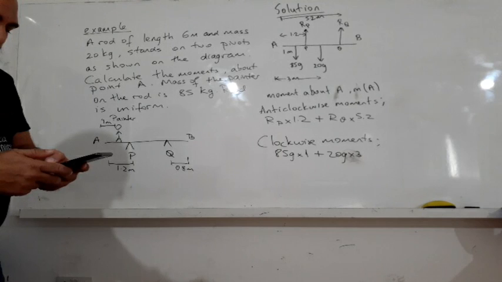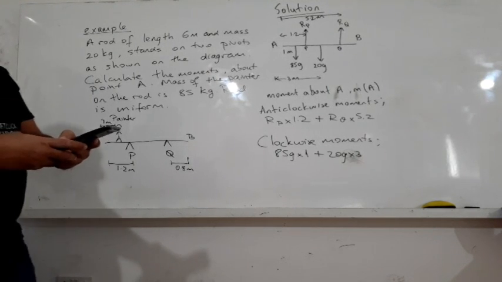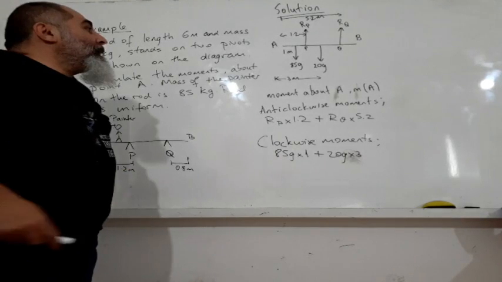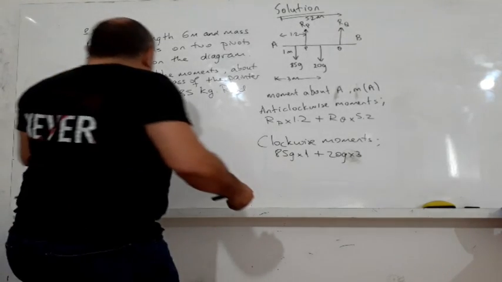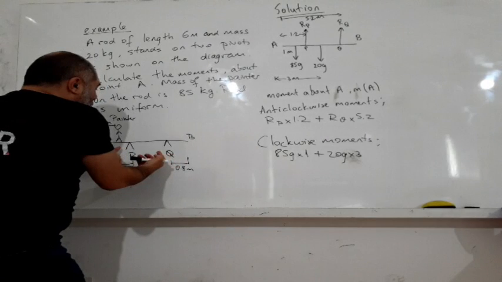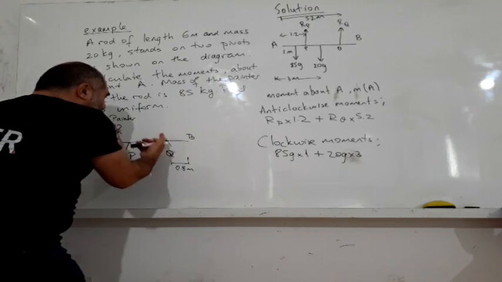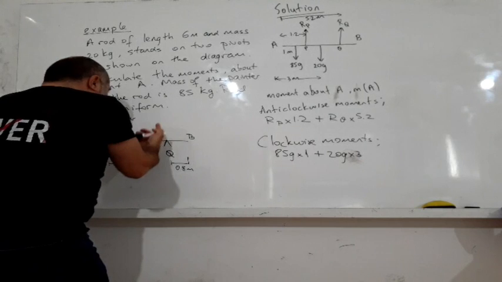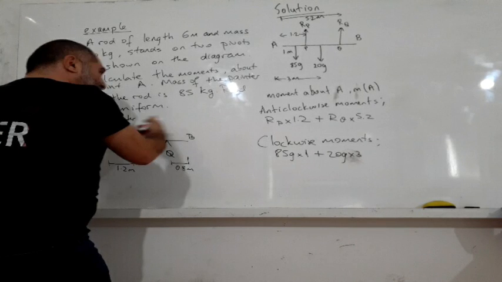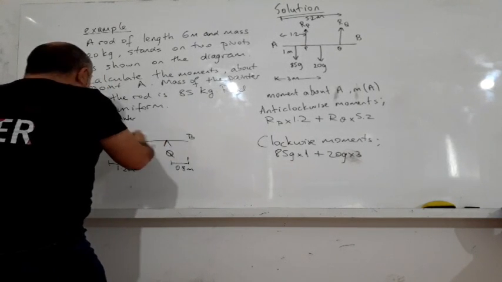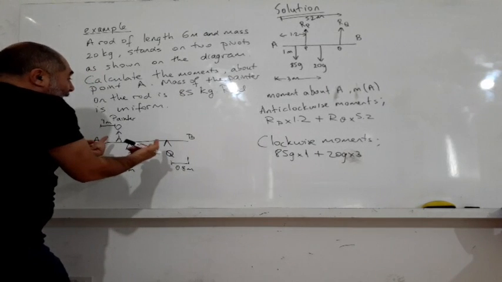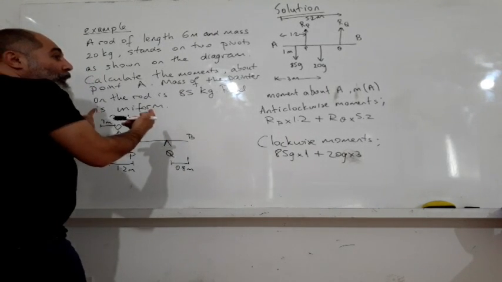Yes, we had a question from Mustafa. Look here. We have 2 pivots. That means we have 2 reactions. We don't have any strings here. If you don't have any string, that means you don't have any tension. To have a tension, you need to have strings. Here we have only pivots.